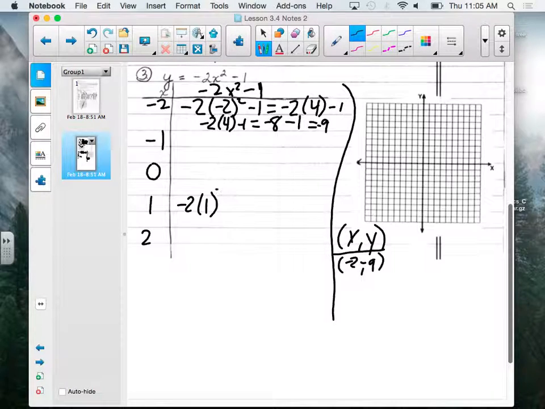Just substitute 1 for x, because that's where it is in our function rule. What's 1 squared? 1. Right. Negative 2 times 1 minus 1. We just rewrite it. Negative 2 times 1 is what? Right. And then -2 minus 1 is -3, right? Okay, I will catch up with you guys with these ones.